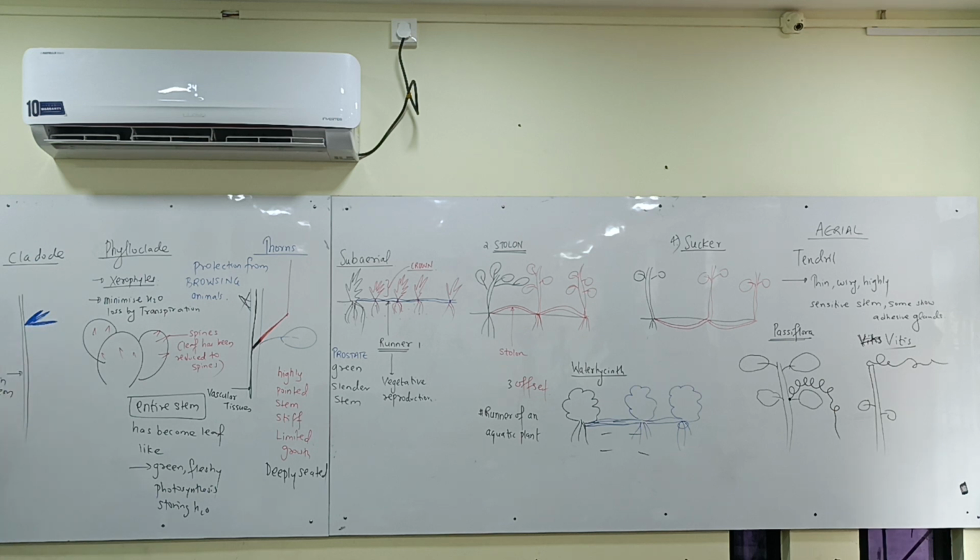Normally, from the side the branches keep on arising like this, and then they develop leaves. This is one internode, this is the second internode, this is the third internode, and then you have leaves on it.